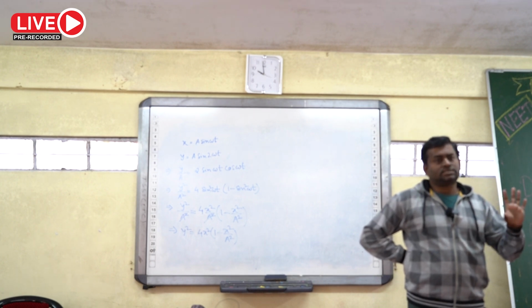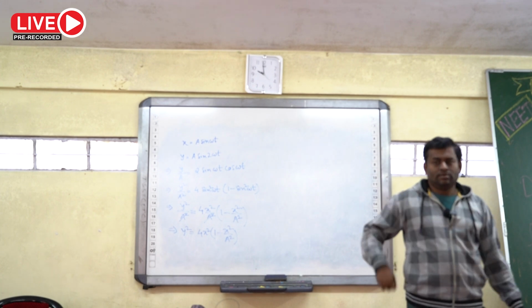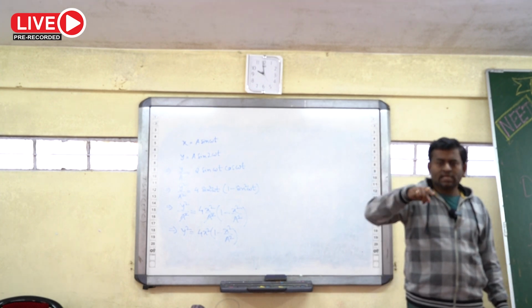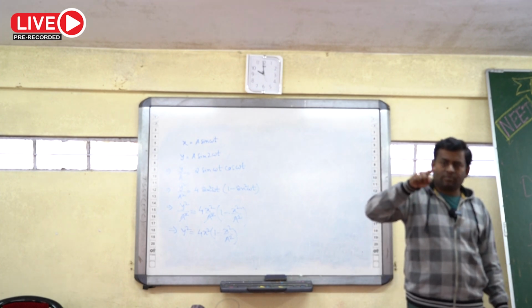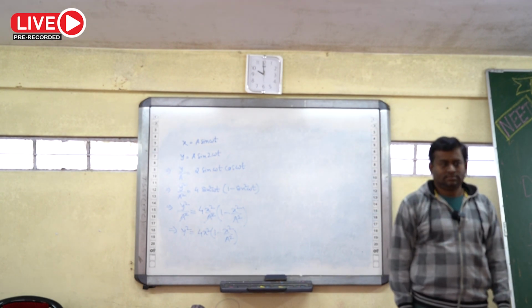Small oscillation and SHM, these terminologies are the same. Because if you push the cork slightly and release, then it will perform simple harmonic motion. You have to find out that time period.